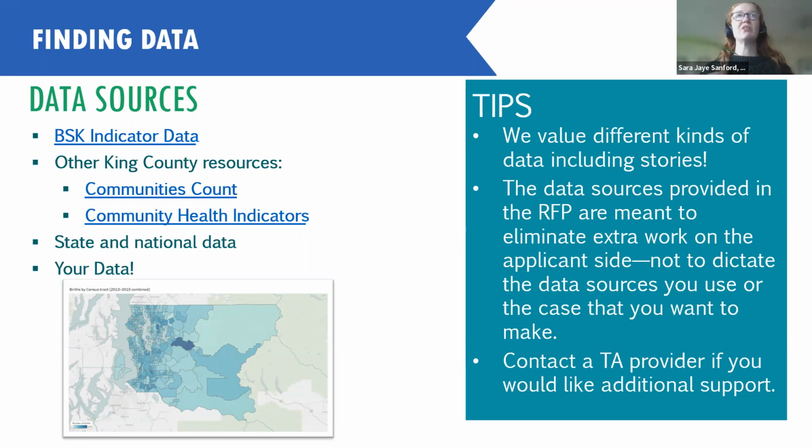But each RFP will have specific eligibility criteria listed. And if you look at those and they're not clear to you, that's another great question to reach out and connect with a technical assistance provider about. And you can also submit questions, like Georgie said, to the FAQs for that specific RFP.